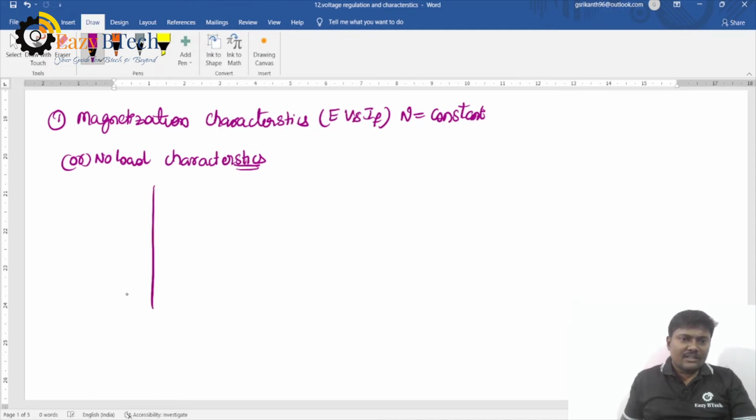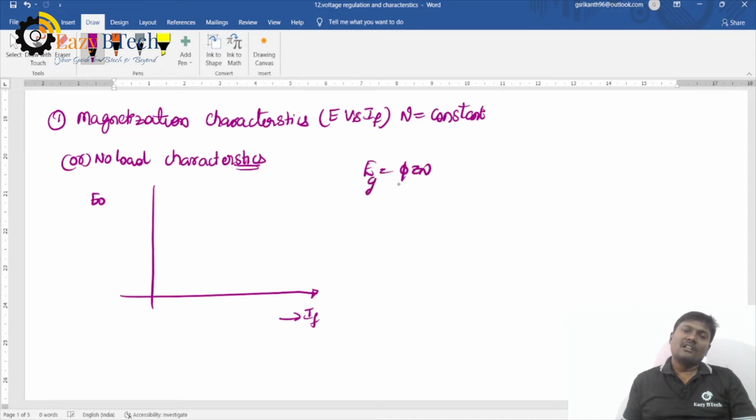So if I take E naught on the y axis and IF on the x axis, Eg is equal to phi Z N by 60 into P by A.